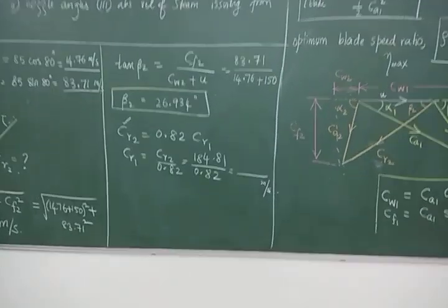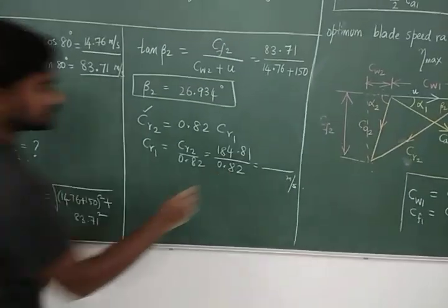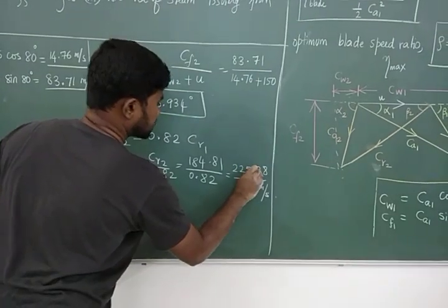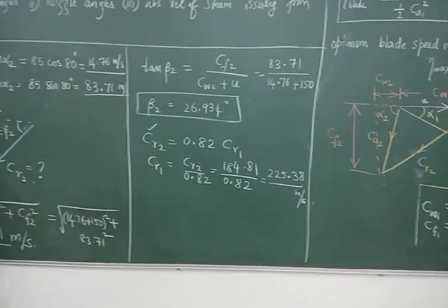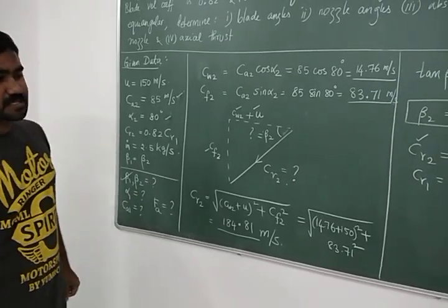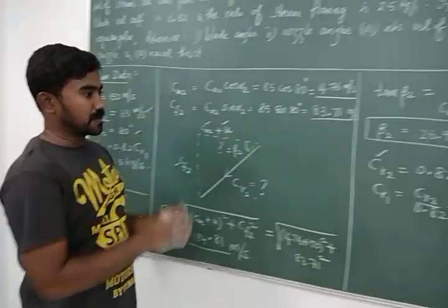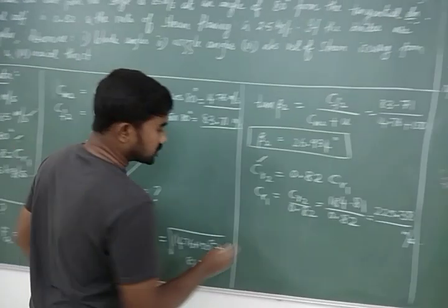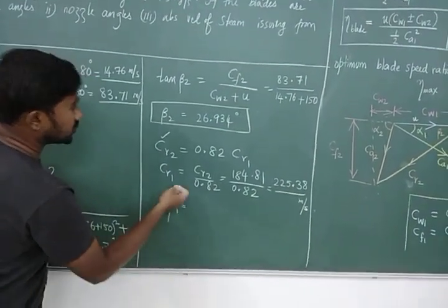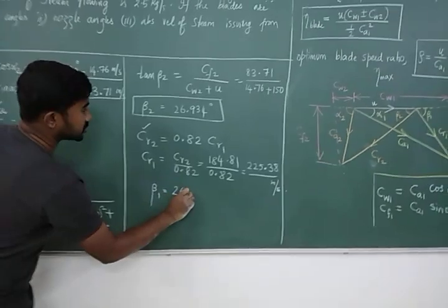CR1 turns out to be 225.38 meters per second. Are you there? Now this is not asked in the problem, but anyway we need to find what is CR1. So this is one part. Now we know CR1 and beta 1 is equal to beta 2, so this inclination also we know.